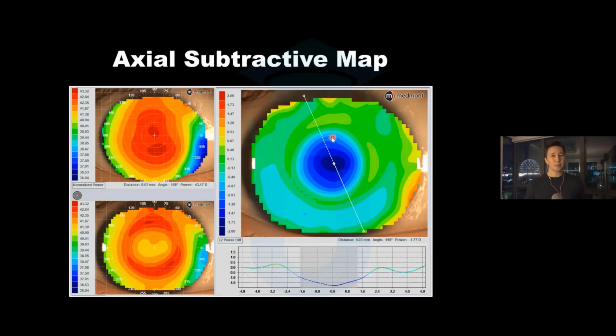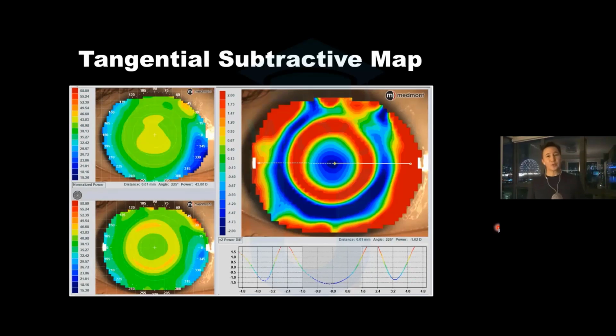I can look at the blue treatment zone in position with the center of the topography, the visual axis, and see that this patient has a well-centered blue treatment zone. I can see the size of the treatment zone as well, and I can relate that to the quality of vision the patient has.